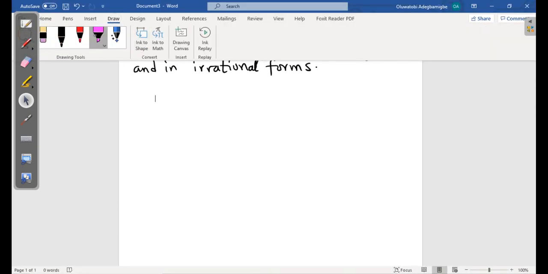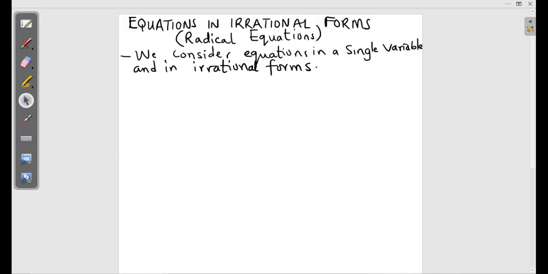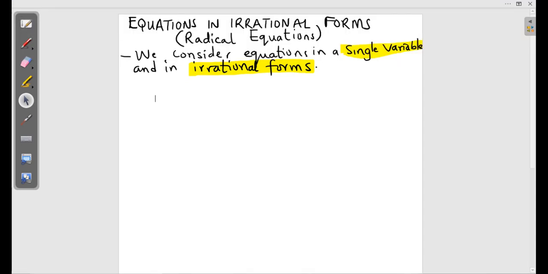What are the keywords there? The keywords there are the words single variable and irrational forms. These are the two keywords we're going to be looking at. And as I said earlier, equations in this form are also known as radical equations.